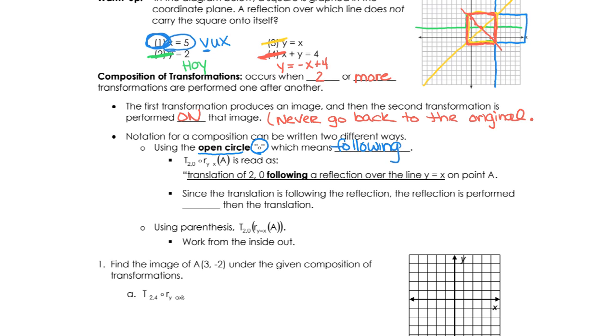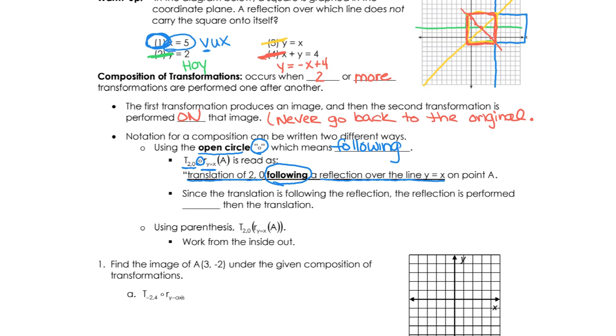All right. And so when they use that open circle, if you read it, this is a translation of (2, 0), which means 2 units to the right. The open circle is read as the word following. And then this is a reflection over the line y equals x. Well, if you've ever played follow the leader, if you're following someone, you're coming after them.